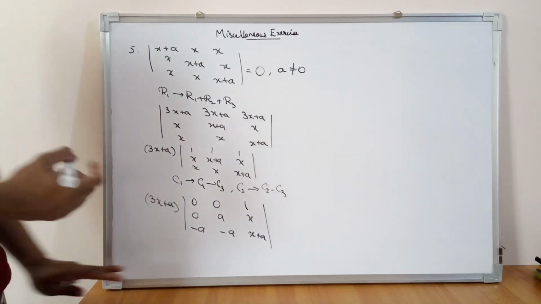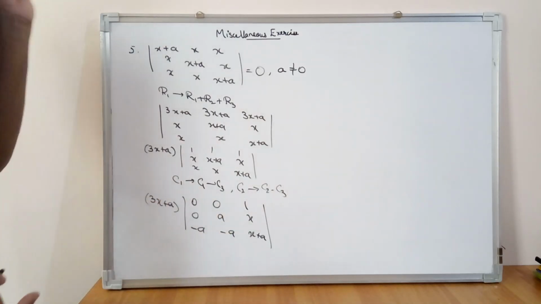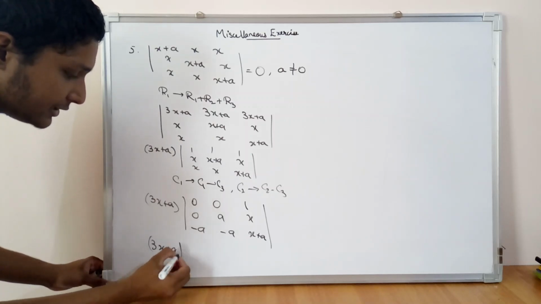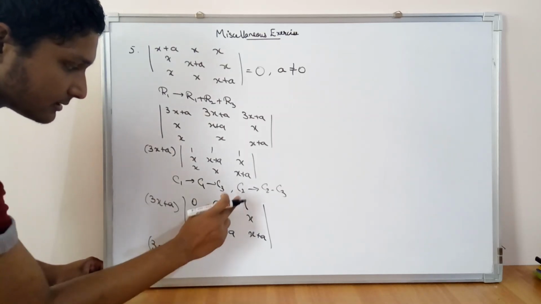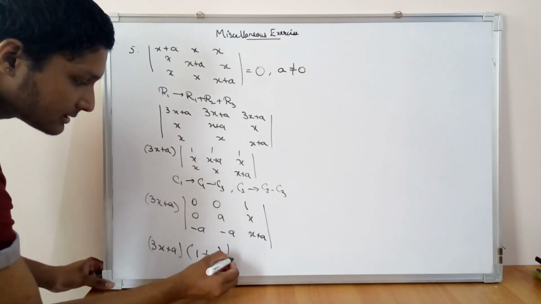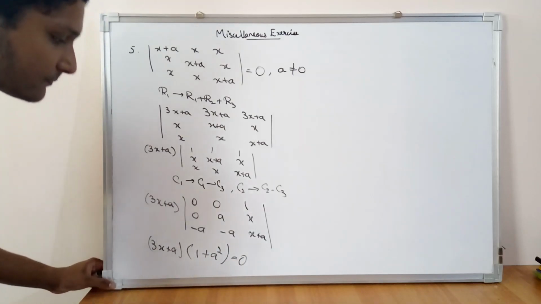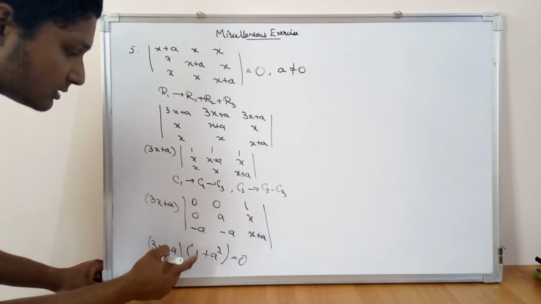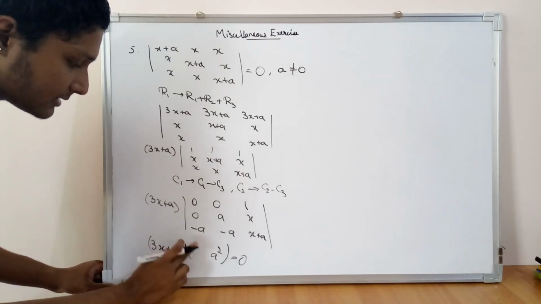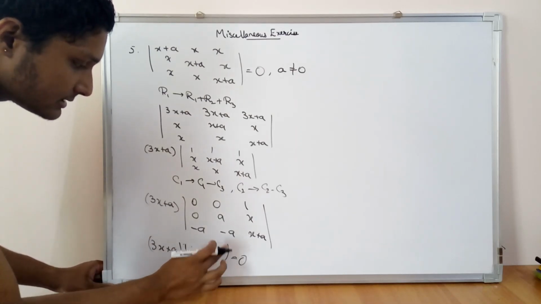Now we will just expand this. I'll expand this using the first row. This is 3x plus A into 1 into A square is equal to 0.